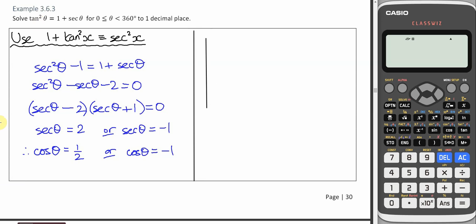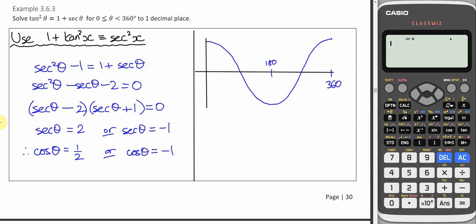A quick sketch of the cos graph between 0 and 360 will help me to do this. There we go, there's 0 to 360. I'm solving cos x equaling a half, so 1 half will be about there. We can see we're going to get a solution which is acute and a solution which is reflex.